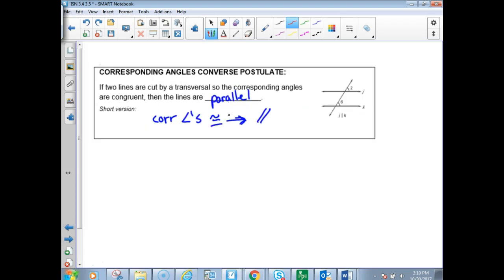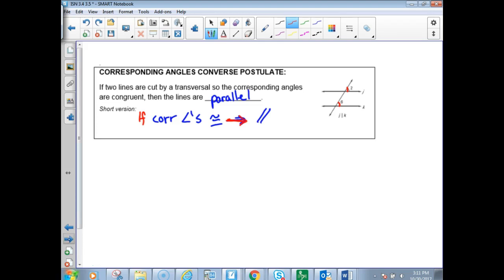This is what you need to write for the corresponding angles converse postulate, which says if two lines are cut by a transversal, so the corresponding angles are congruent. That means you're given that angles 2 and 6 are congruent. Then you can state that lines J and K are parallel by corresponding angles congruent implies parallel lines. If corresponding angles congruent, you can put an if here if you want.